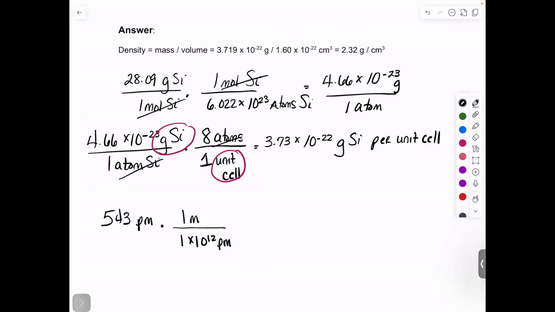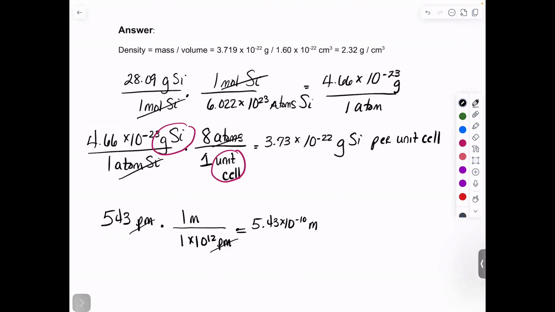I also could say 1 picometer is 10 to the negative 12 meters, but I prefer to use positive exponents. Really doesn't matter. In essence, if I just stop here, if I take 543 and divide out by 10 to the 12th, I'll have 5.43.